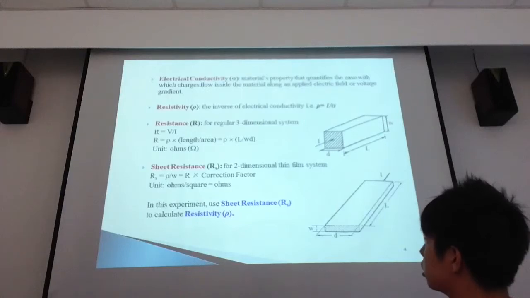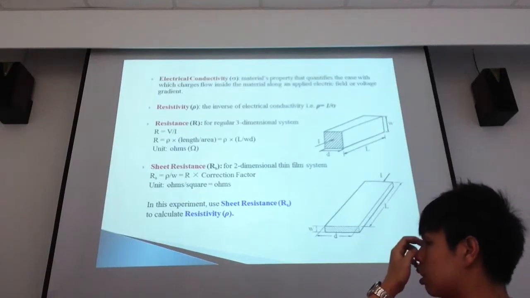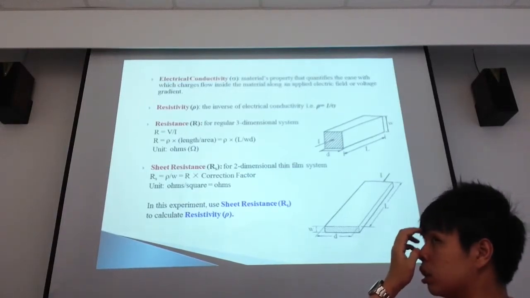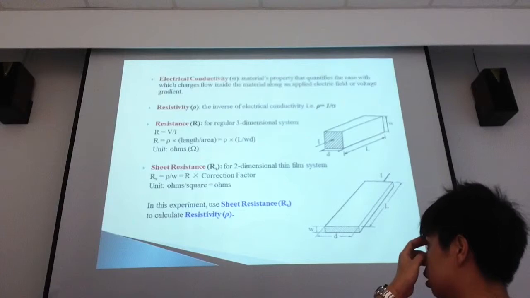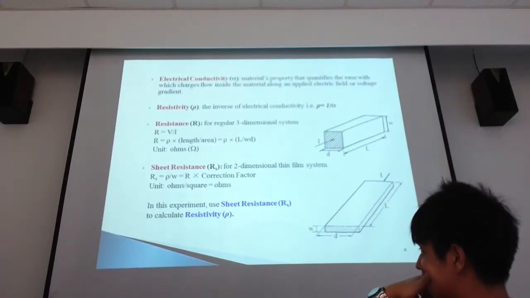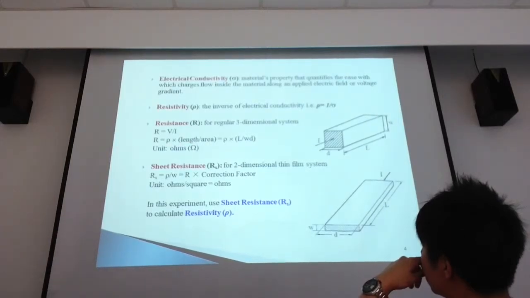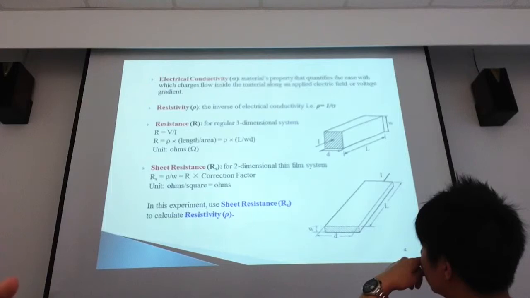That means the material has an intrinsic property that says its resistivity is this, and it can move charge carriers up to this much. But resistance depends on the dimensions of that material, of that wafer. So R is equal to V by I is equal to rho into length by area, that is, resistivity times length by area.